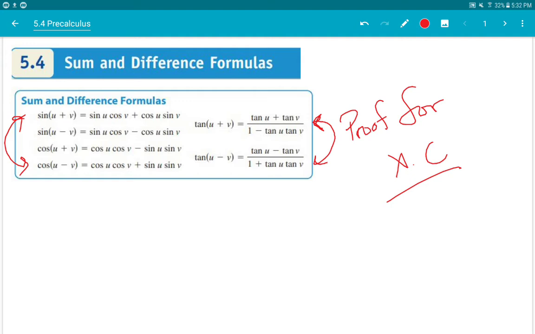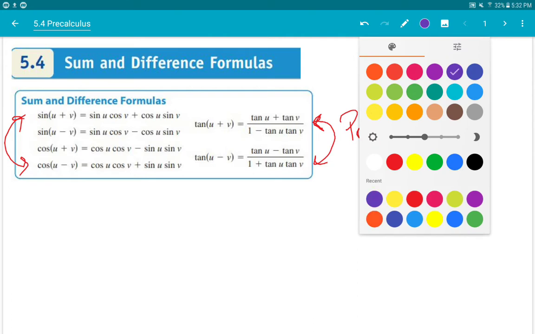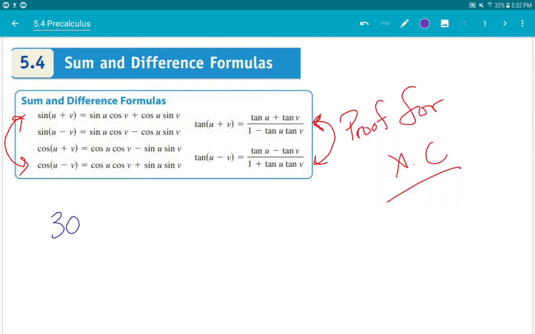All right, so we're going to look at these sum and difference formulas, how they are quite the same yet different. So what is this useful for? The idea is we know a lot about these angles here. We know a lot about 30, 45, 60, and all the reference angles that deal with those. We know about 90, we know about 180, 270, 0.